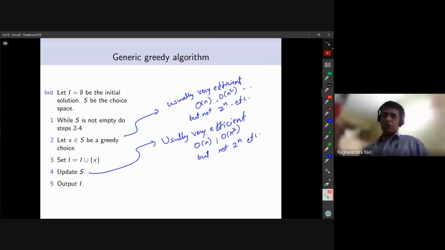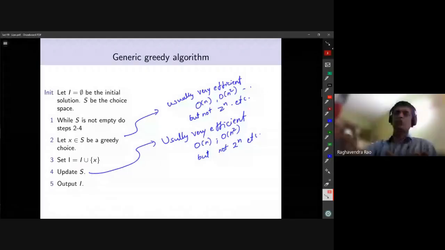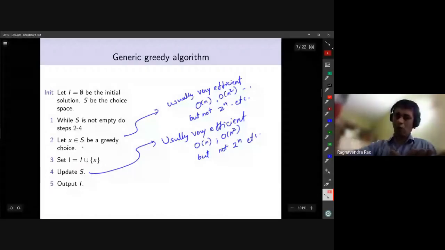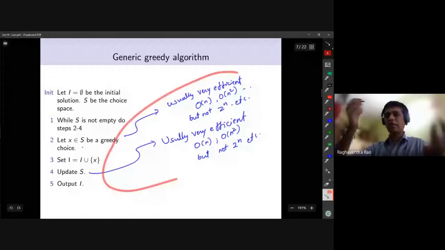Any question? Is this clear? So the skeleton greedy algorithm, or generic greedy algorithm. We are going to talk about such greedy algorithms. Like I said, these are not issues we'll be bothering about now. This is a generic guideline. Whenever you think about greedy algorithms, these are the desirable features.